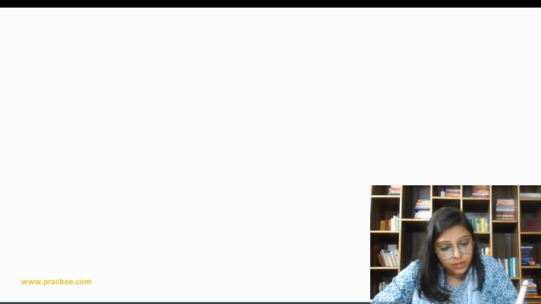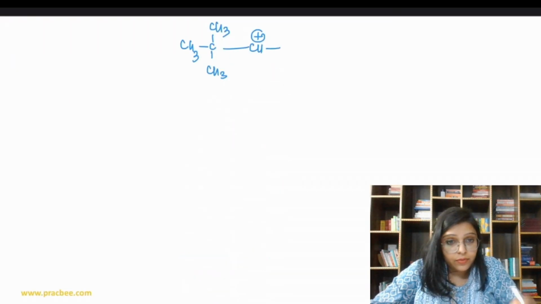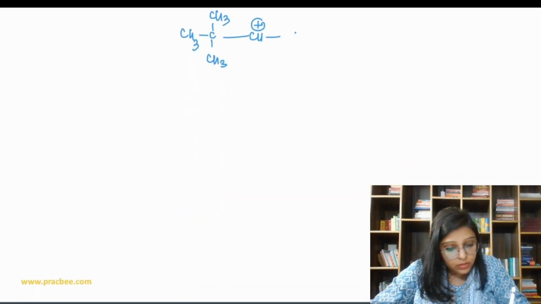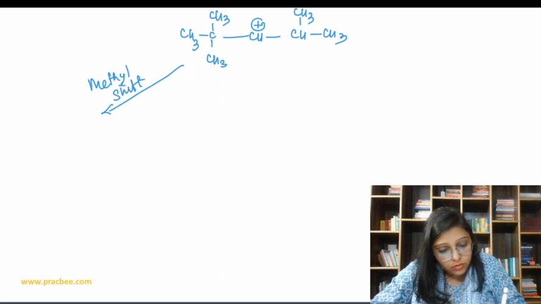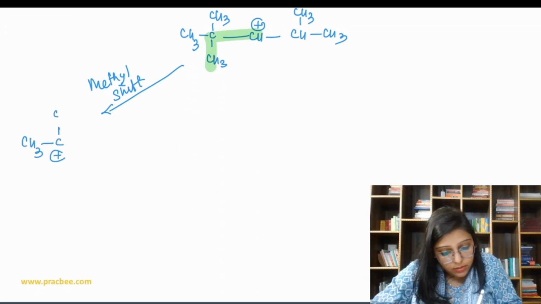So we have this CH3, C, CH3, CH3, CH positive, then we have CH, CH3, CH3. So if we do methyl shift, we have a new carbocation over here, CH3, CH, CH3, then CH, CH3 and CH3.